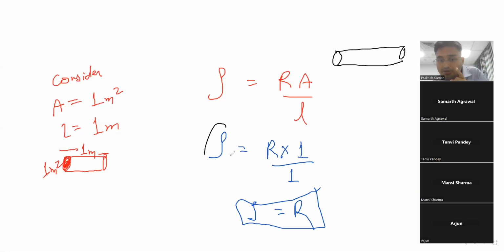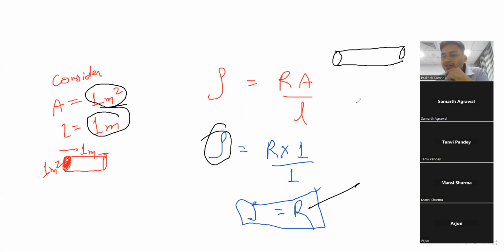But when you talk about resistivity, it is the resistance of only area 1 meter square and length 1 meter. And now you take a copper wire, another copper wire of higher length. The length is different. Area of cross-section is also different. Right.